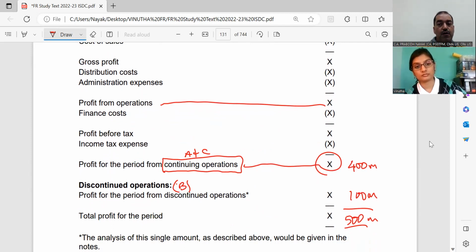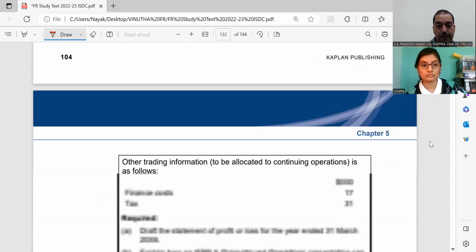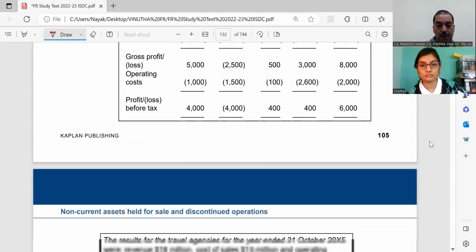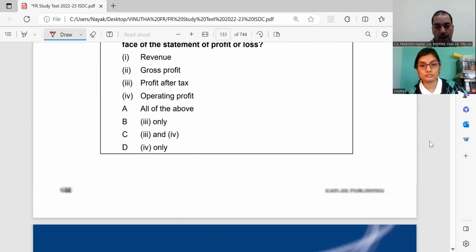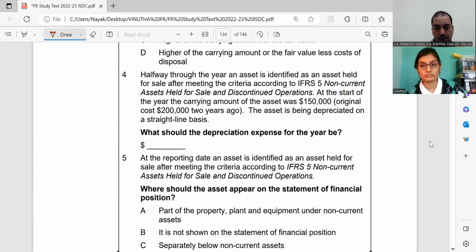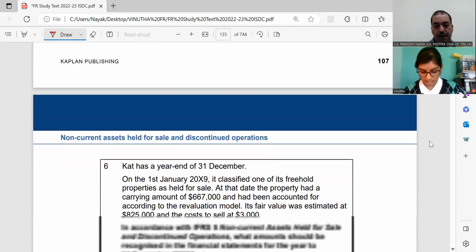So we had discontinued B, so B's operations will come as discontinued operations. A and C we are continuing, so whatever is the profit, that we call profit from continuing operations. That's it. Everything is there.